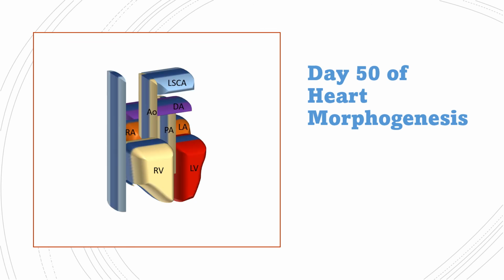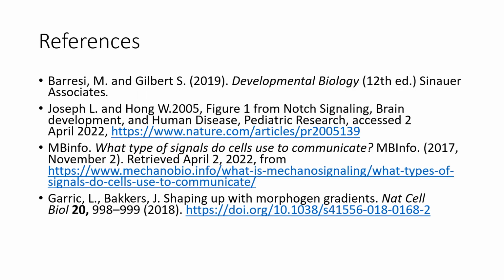Finally, after 50 days, separation of the ventricles, atria, and atrioventricular valves results in a four-chambered heart, leading to the right ventricle, left ventricle, left atrium, right atrium, aortic sac, aorta, pulmonary artery, right subclavian artery, left subclavian artery, right carotid artery, left carotid artery, and the ductus arteriosus. The end.